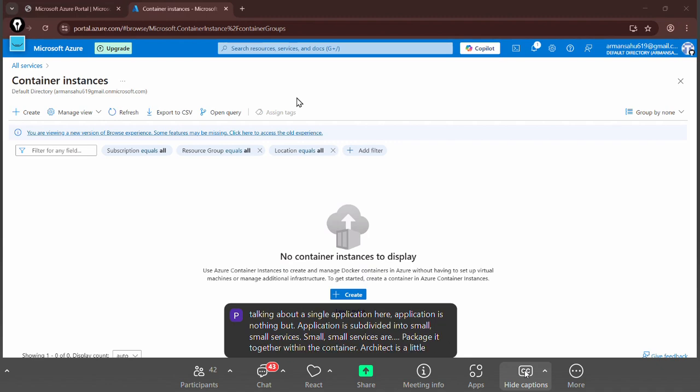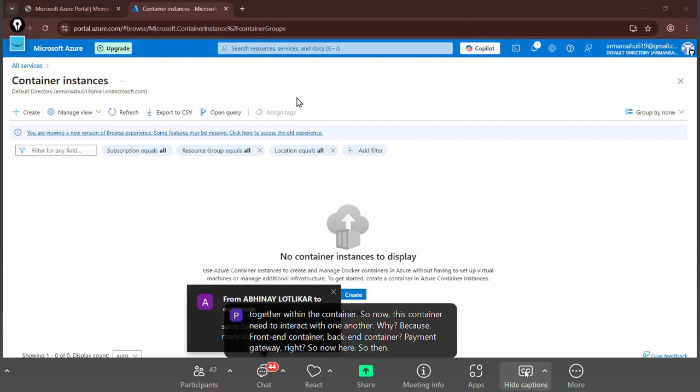Architecture is a little different. What I'm saying, the application is divided into small microservices. These microservices are packaged together within the container. So now these containers need to interact with one another. Why? Because front end container, back end container, payment gateway, right? So they need to connect.